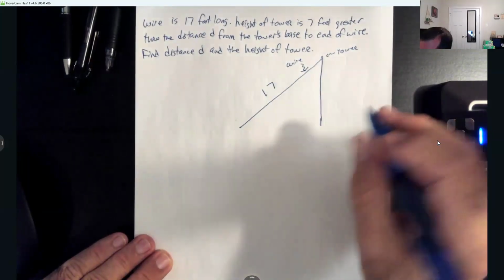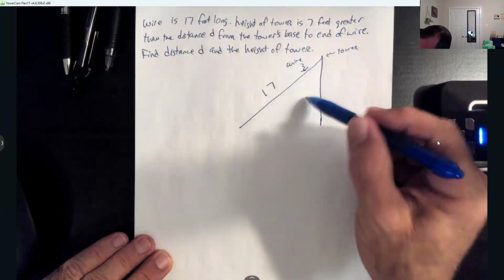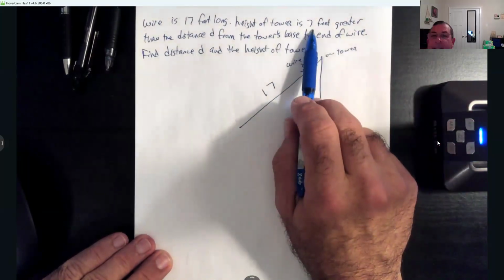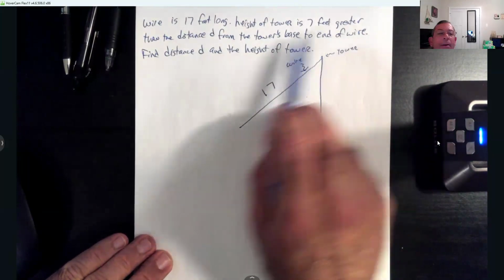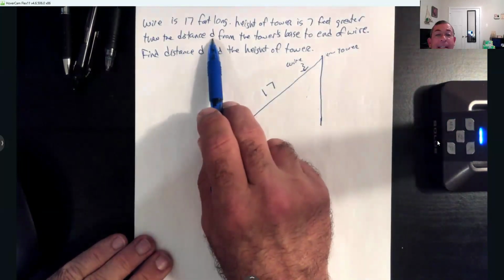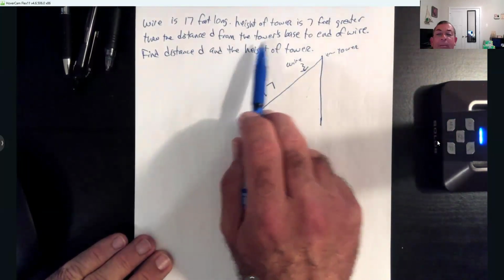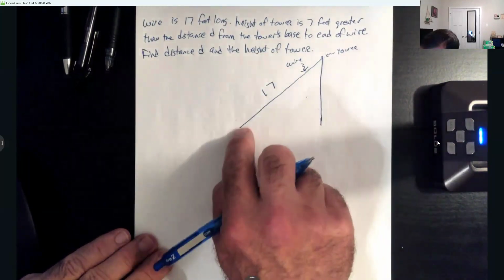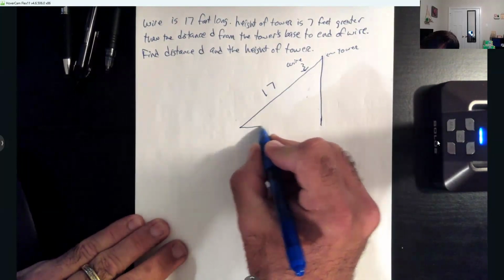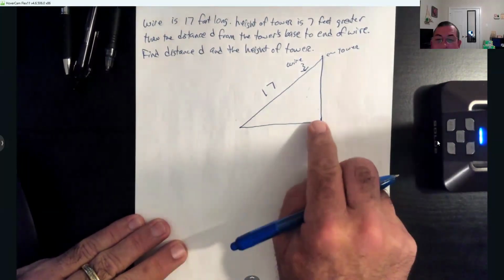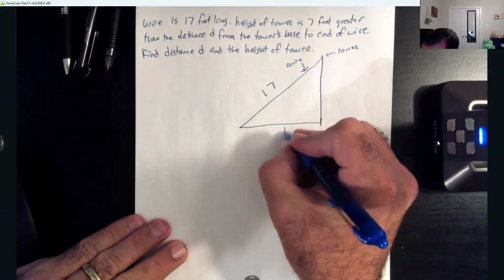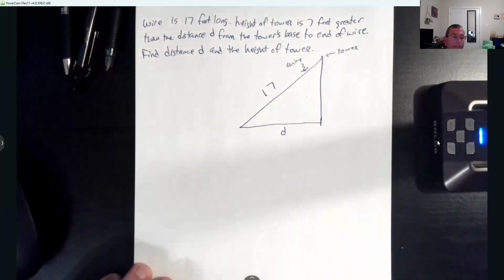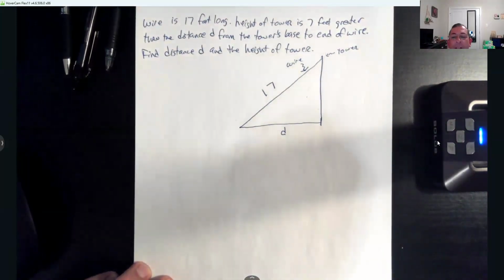Now, they did say over here, the height of my tower right here is 7 feet greater than the distance D from the tower's base to the end of the wire. Well, here's the base of the tower. Here's the end of the wire. So they're saying that little distance right there is D. So here's the question.